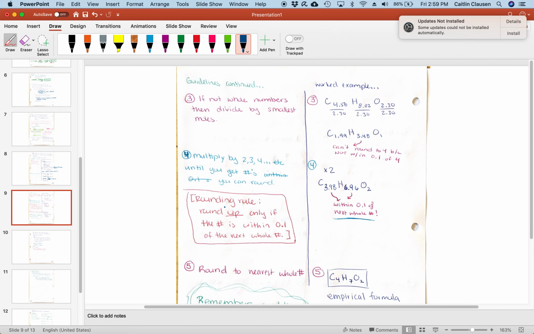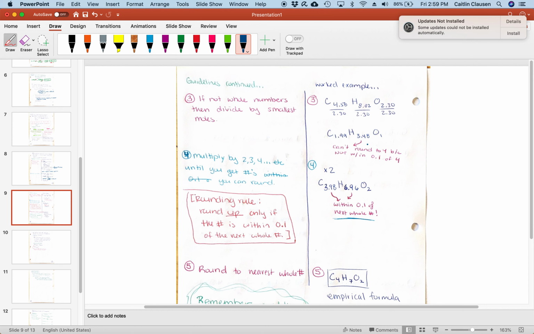Now the rounding rule for mole subscripts in an empirical formula is you can only round up if the number is within 0.1 of the next whole number. So 3.48 is definitely greater than 0.1 away from 4. If you don't believe me, put 4 minus 3.48 in the calculator. You'll get 0.52.